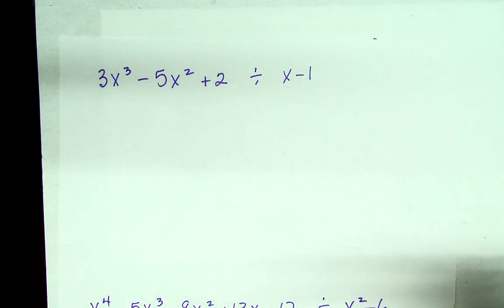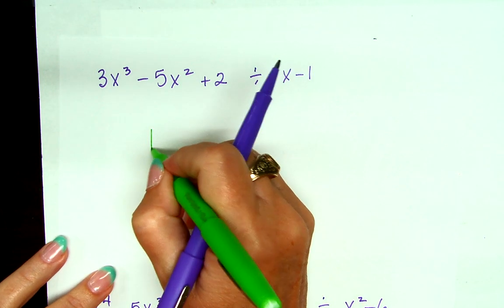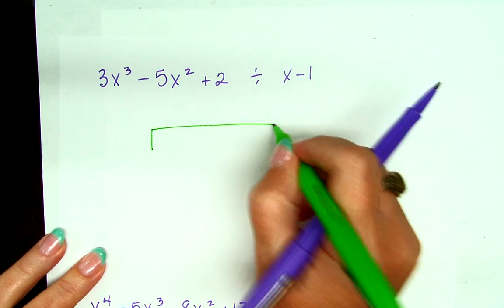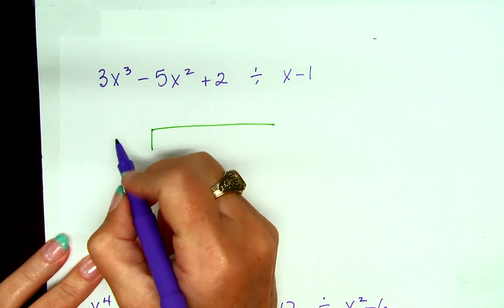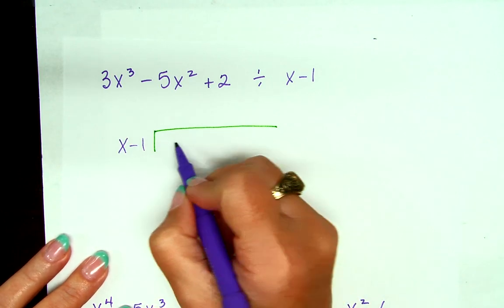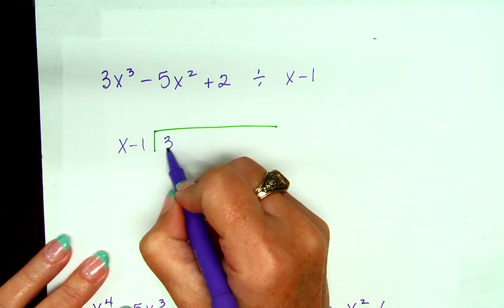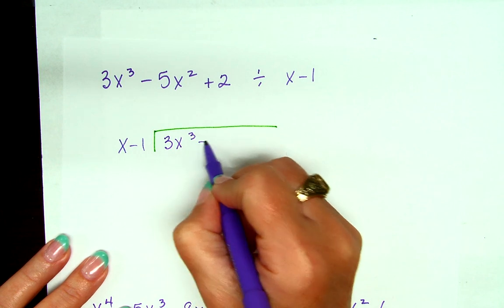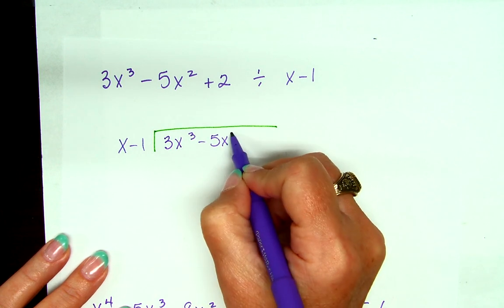Three x to the third minus 5x squared plus 2 divided by x minus 1. So first I draw my vinculum. Outside of the vinculum goes x minus 1, and inside the vinculum, 3x cubed minus 5x squared plus 2.